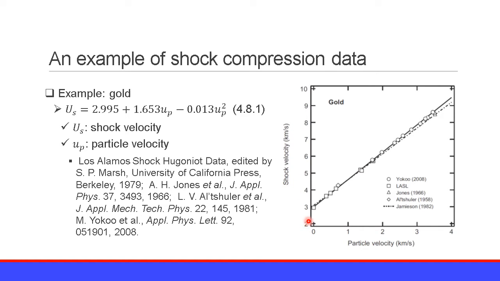So shock velocity increases as a function of particle velocity, as we can imagine, and the shock velocity is expressed by a quadratic function in this study. So shock velocity is equal to 2.995 plus 1.653 times particle velocity minus 0.013 times particle velocity squared.